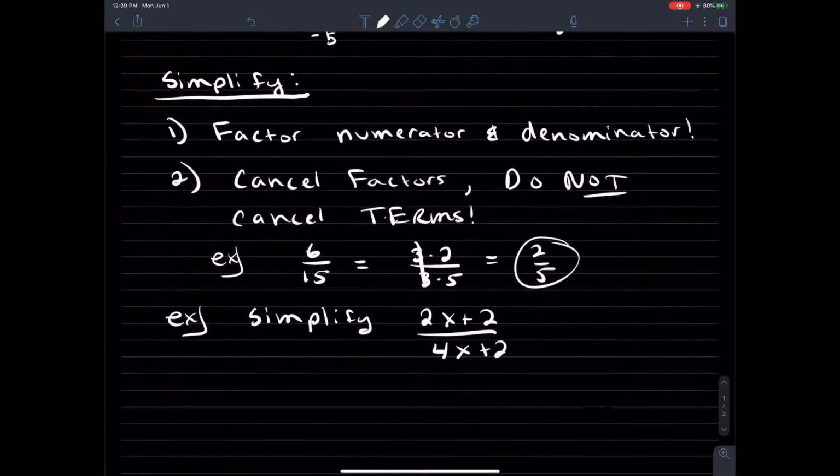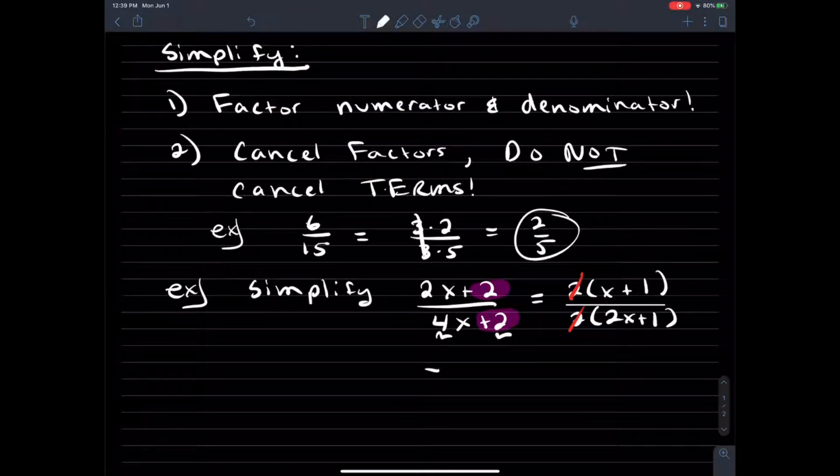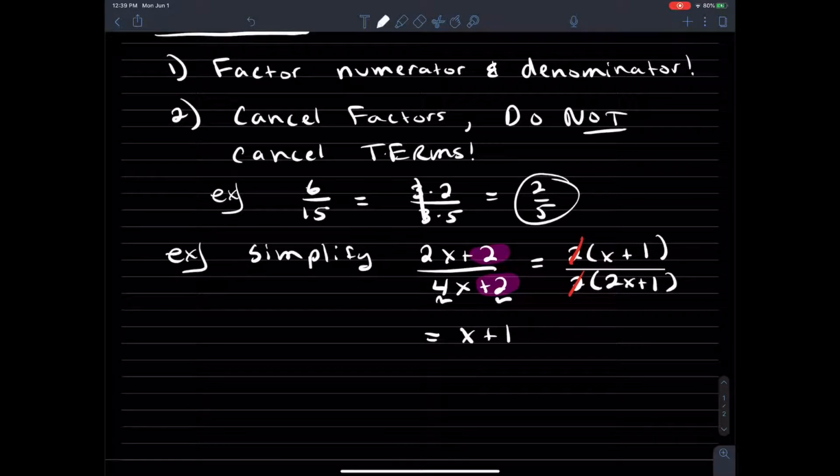What I mean by not canceling terms is this is a term and this is a term, and you cannot cancel those two. So we factor. The top only has a 2 in common, so we factor out a 2 from the top. There's a 2 in common in the denominator, so we factor it out from the denominator, and then the 2's cancel, and my answer that is left is x plus 1 all over 2x plus 1.